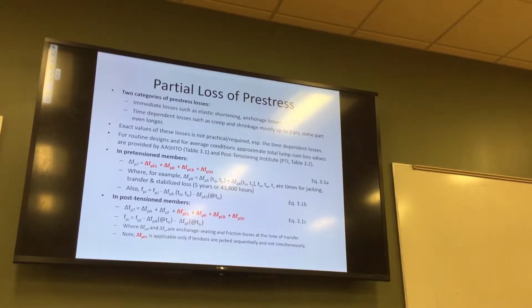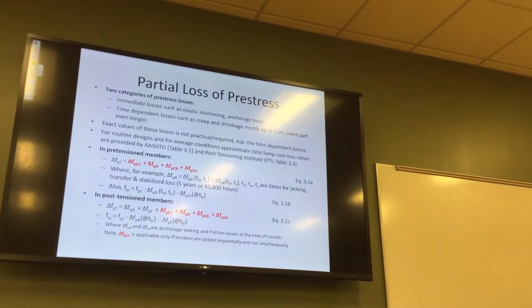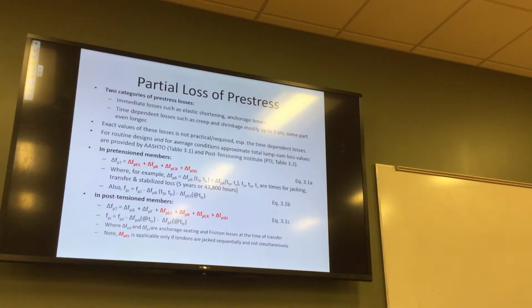That's why. And then it's not practical because in order to find accurately, there is a lot of interaction between the things. Like relaxation, the loss of relaxation depends on the stress applied, right? So as you lose stresses, the relaxation loss assumes that your initial stress is going to stay, right?